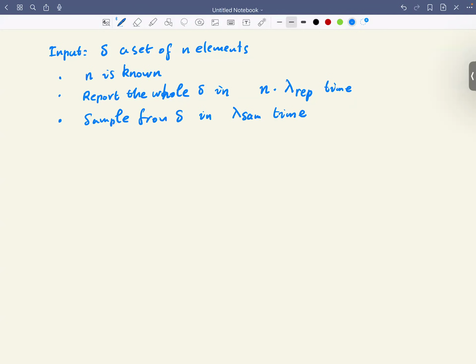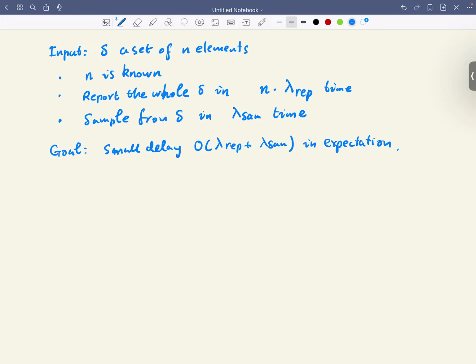Now what I'm going to do is to give you an algorithm that is able to report this entire S with a small delay. We'll be able to achieve a small delay of lambda rep plus lambda samp in expectation.